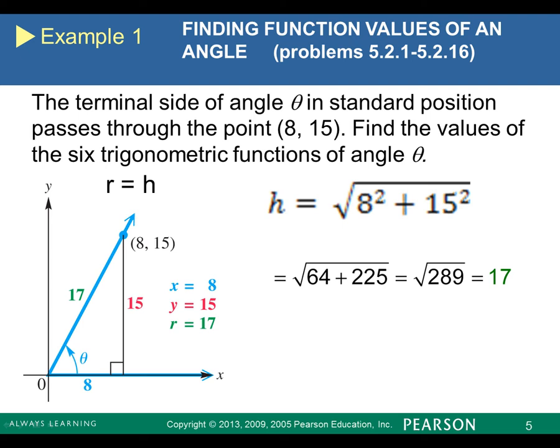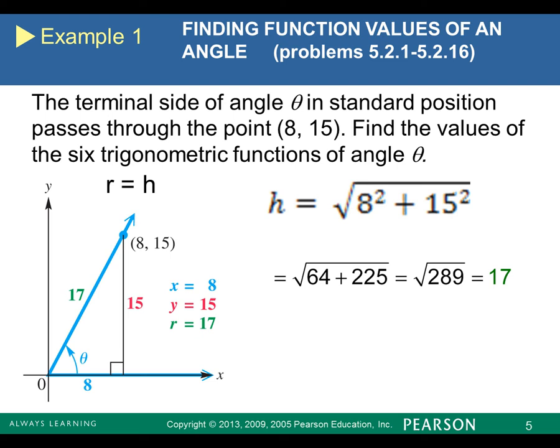Now x and y can be positive or negative depending on which quadrant you're in, but the hypotenuse is always positive. Okay? All right, questions with that? So we have our 3 sides.